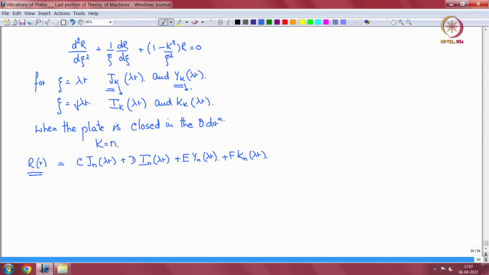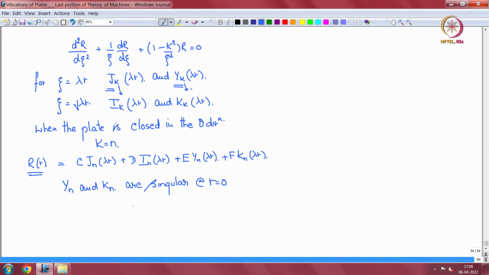Okay, so now what happens? The Y_n and the K_n are singular, that means they blow up. They go to infinity if r is equal to 0.